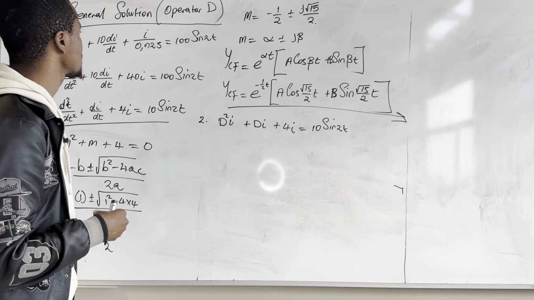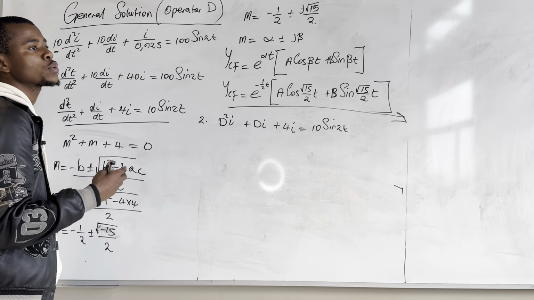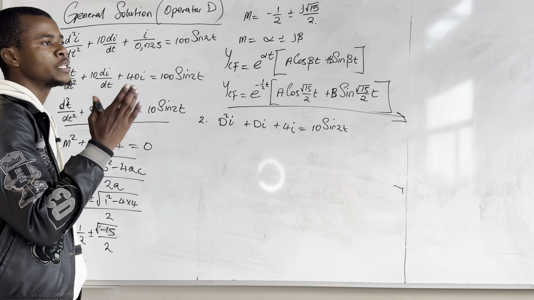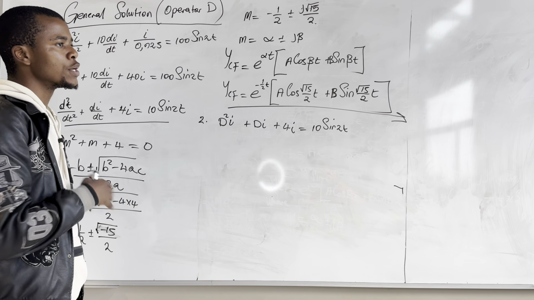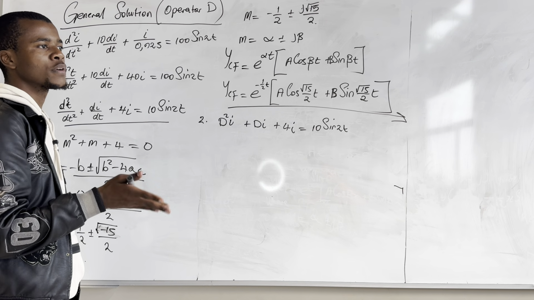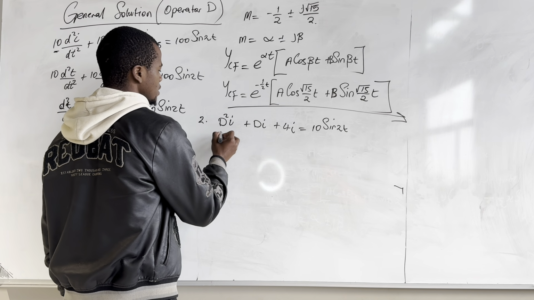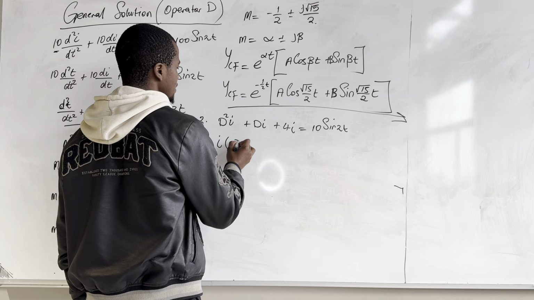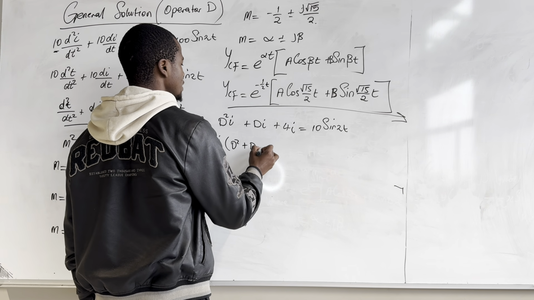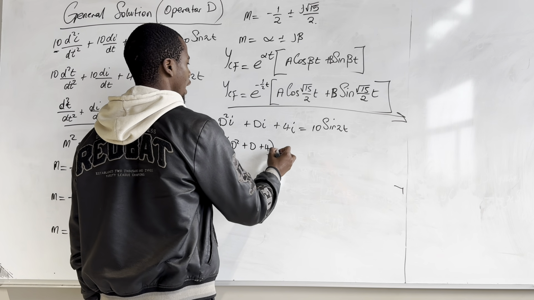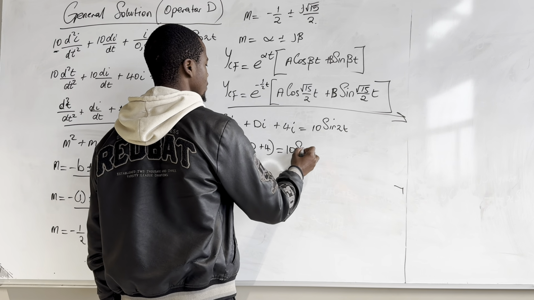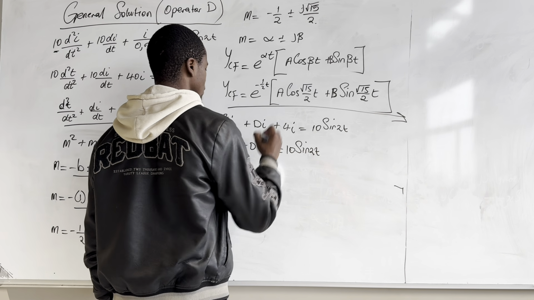So the question was saying find the general solution, the current equation of this in terms of t. Okay, so we just take i out, and then we are left with D squared plus D plus 4, and then equal to 10 sine 2t.